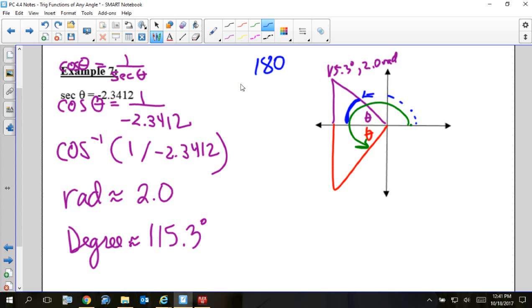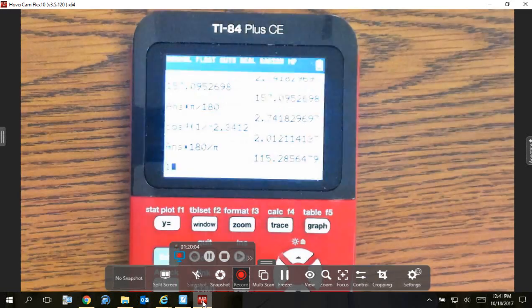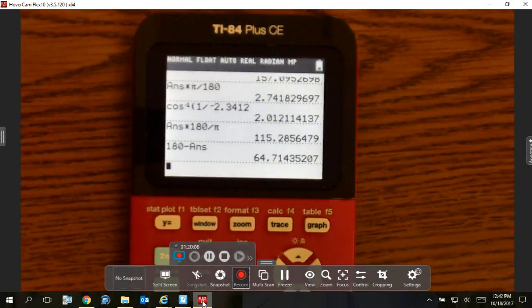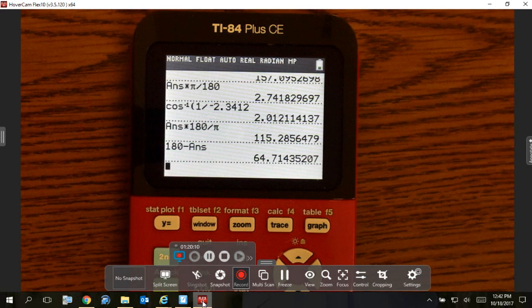So we take 180, subtract that last answer you had on your calculator. So on my calculator, I'm doing 180 minus my last answer. So 64.7 is our reference angle. That's not our answer. 64.7 is our reference angle.